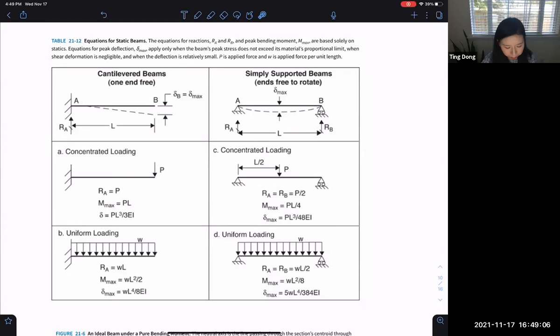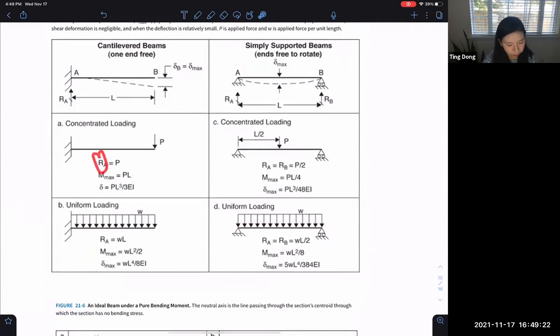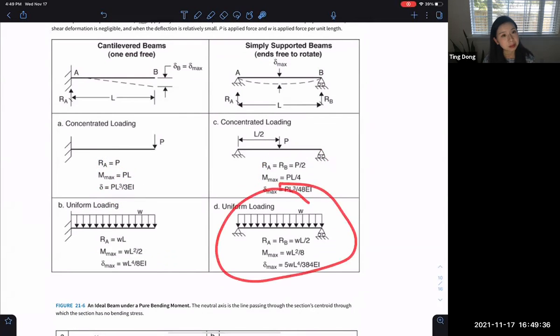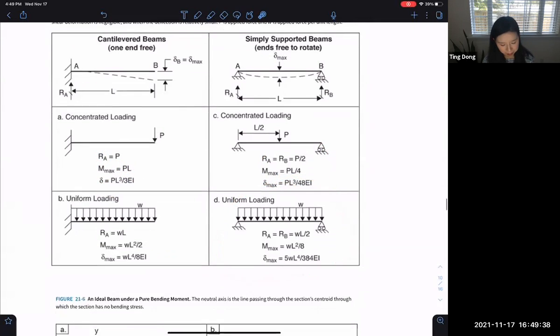For different boundary conditions, for example, clamped and simply supported, and different loading conditions, for example, a concentrated force in the middle or a distributed force, we have different reaction forces, different maximum bending moments, and different deflection equations. If we can simplify our structure analysis in this way, we can use these conclusions directly. And you will see later that this is what we will use in our structure analysis.